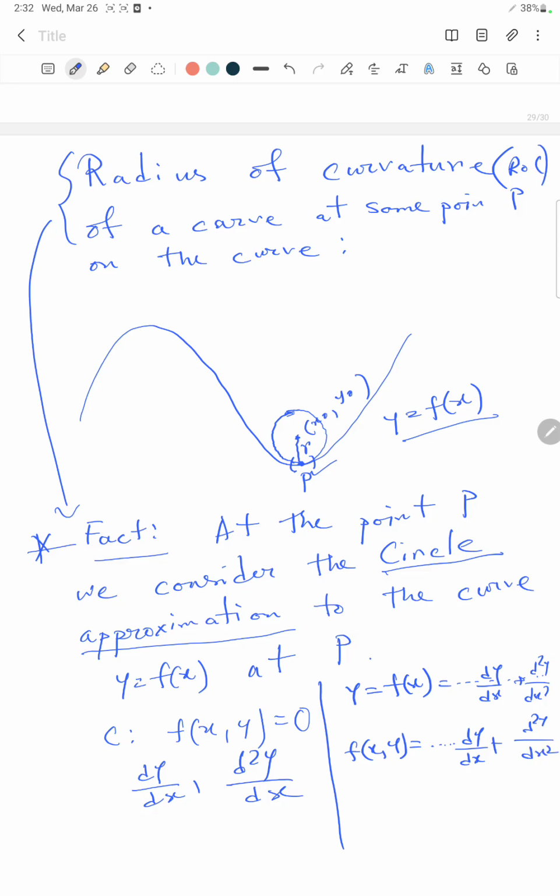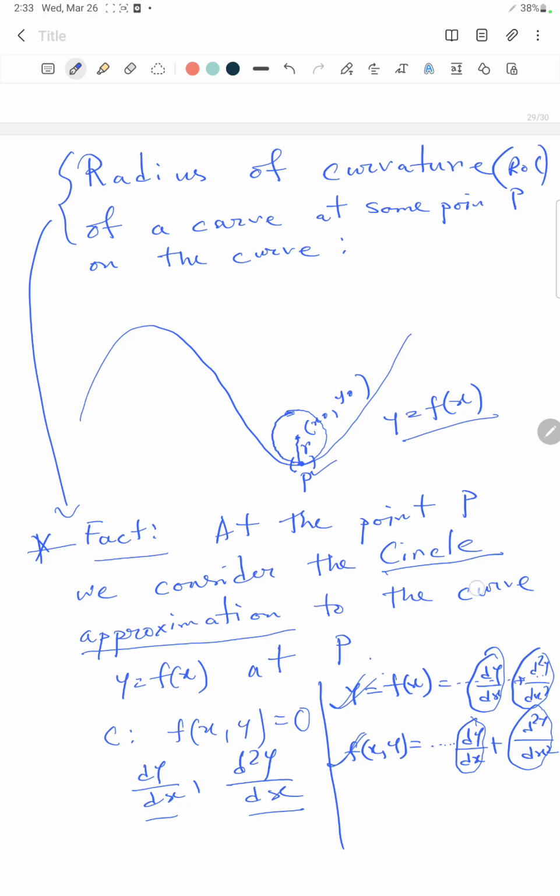So if we say that these two curves around the point P are the same, then the derivatives dy/dx, d2y/dx2, which are the major terms related to the Taylor series approximation, the first derivative, second derivative, etc., should be the same at the point P for both the curve y equal to f(x) and the circle F(x, y) equal to 0.